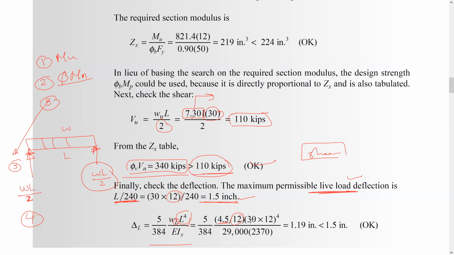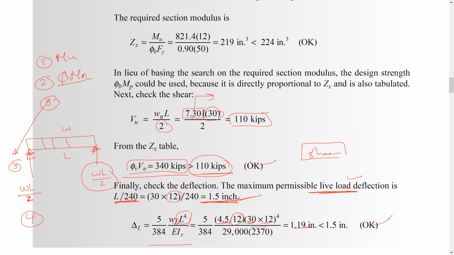This is 30 inch to power 4 dividing by 384 times EI, and I you can get from the manual. And the value is 1.19 inch, and it's less than the limit here, so this beam is okay.